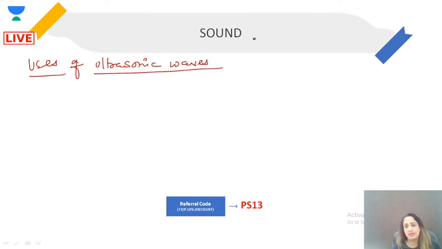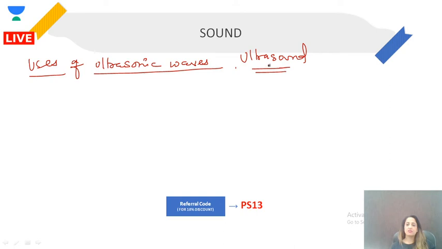Okay, you must have heard this word ultrasound. Like when somebody is not feeling well, they have pain in their body internally, and when somebody is pregnant, right, when they have issues with their heart, doctors say, okay, you need to get some ultrasound done.